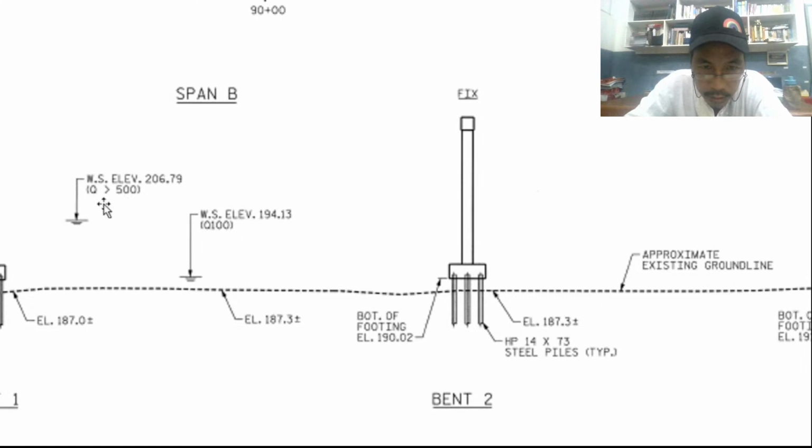Okay, so this is the upper elevation, lower elevation of the water surface. So we have what? The minimum and maximum measured water surface during the inspection and visit.